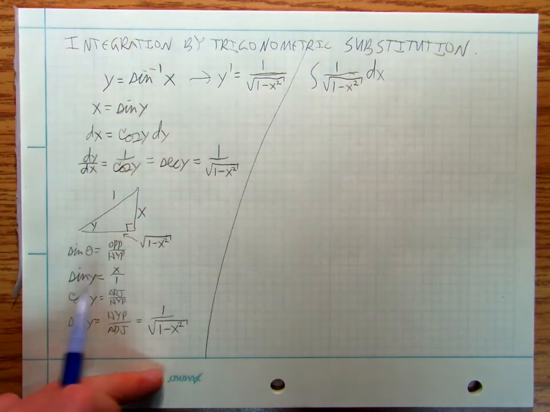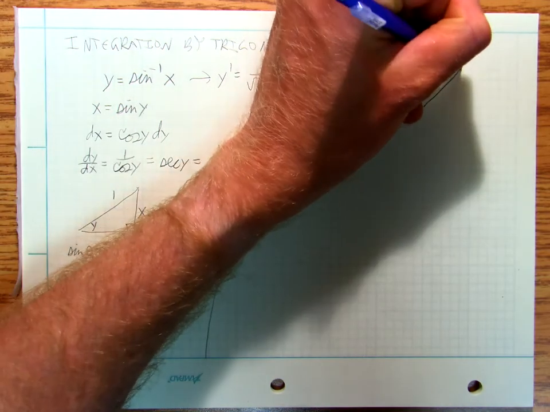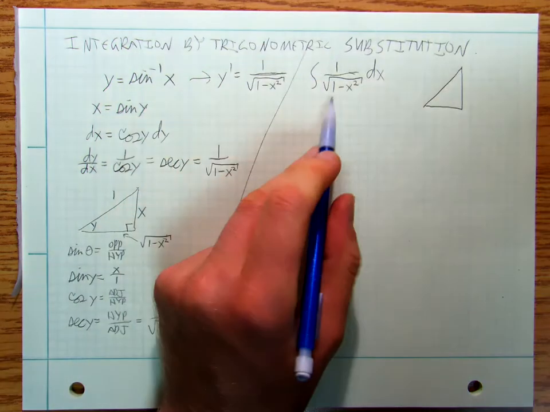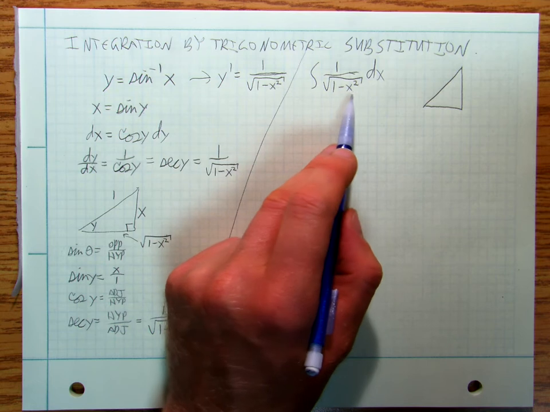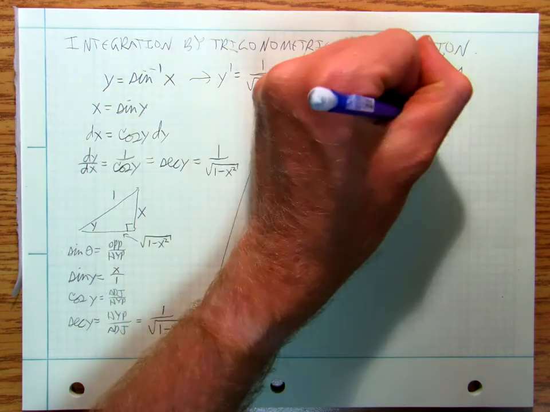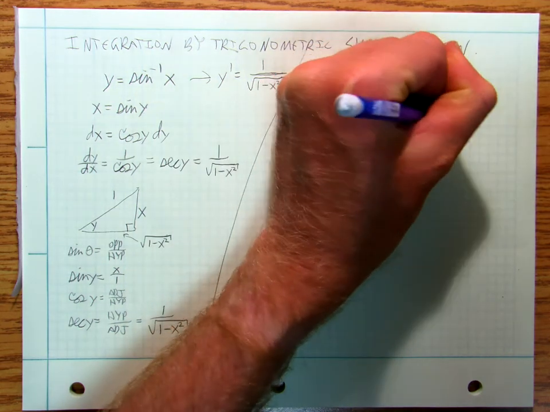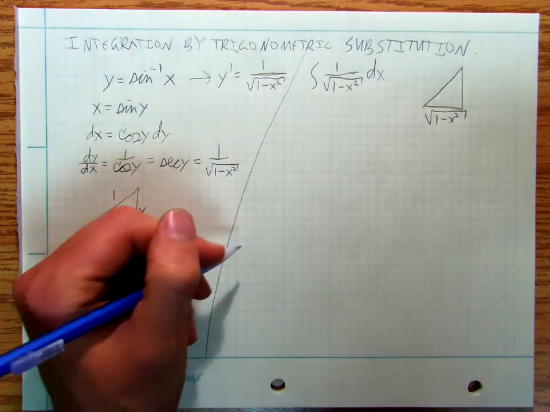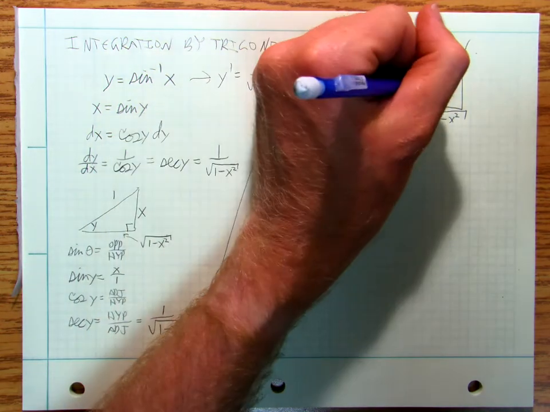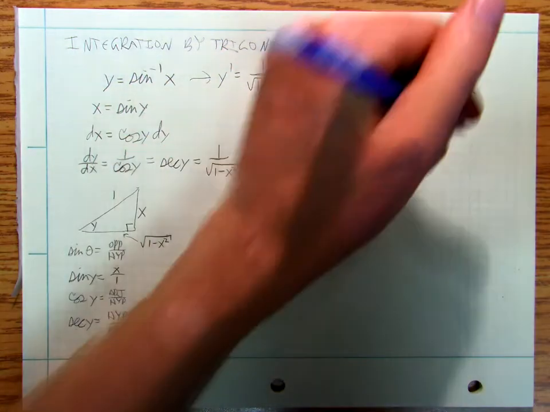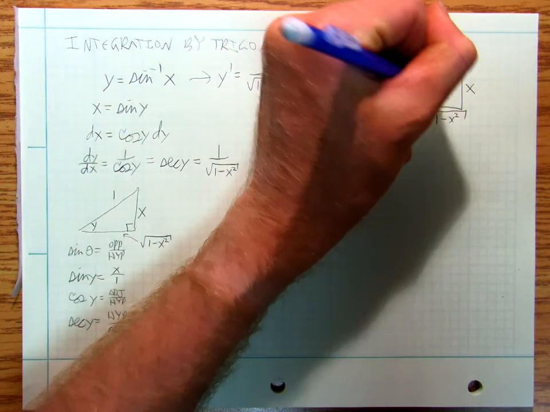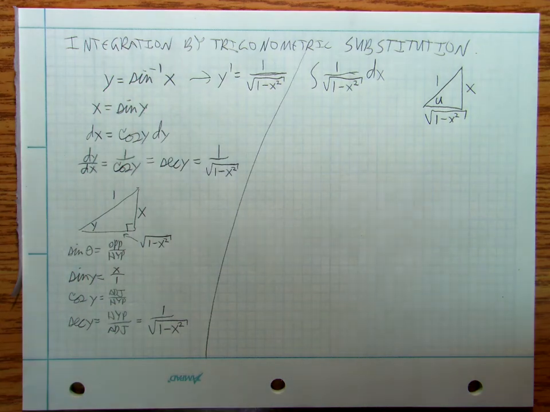I'm going to create a triangle and I'm going to go, oh, that looks like that's the side of a triangle. So let's say that's the square root of 1 minus x squared. That makes this 1 and that makes that x. And let's just call this u, just to give it something a little bit different.